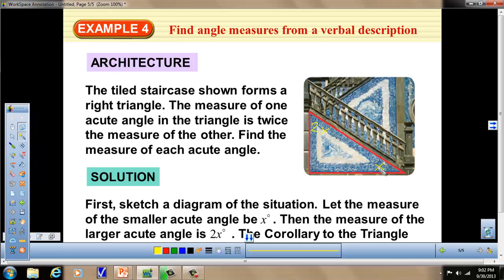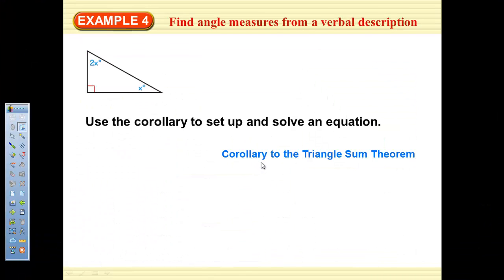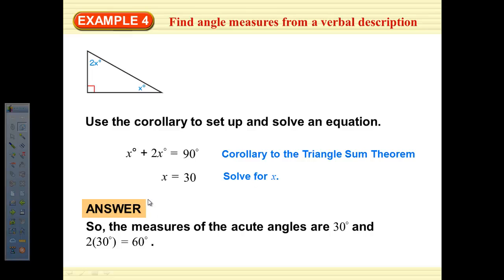So if that's 2x and this is x, those added together equal 90 degrees. So again, what we do is we say those two angles equal 90, so therefore x equals 30, and the measure of the two angles, the first one is 30, the other one's twice as big, so it's 60.